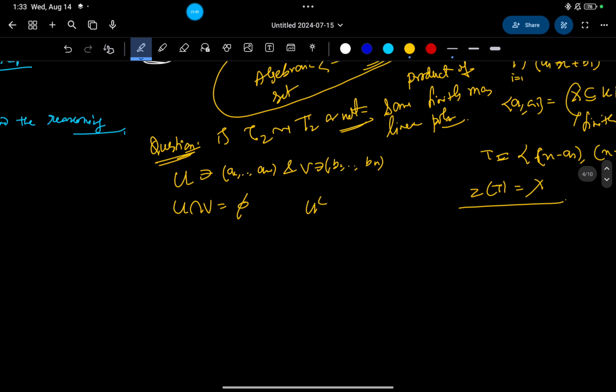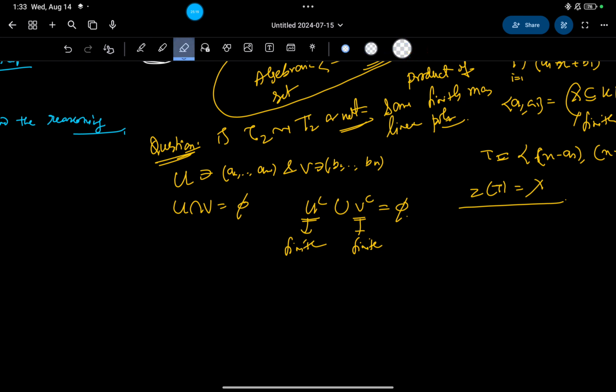So U complement union V complement is the whole space. Now these are closed sets, so as these are algebraic sets, it has to be finite, and this should be K itself, but K may not be finite.